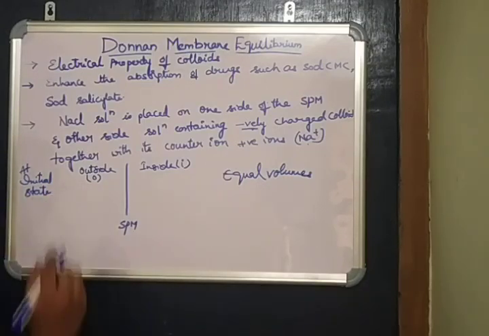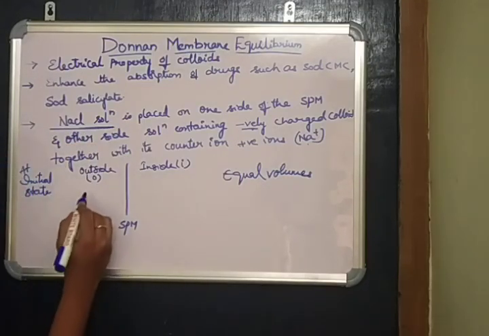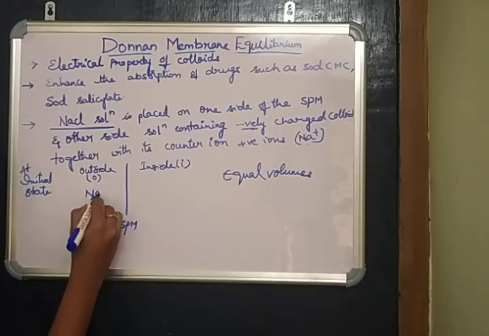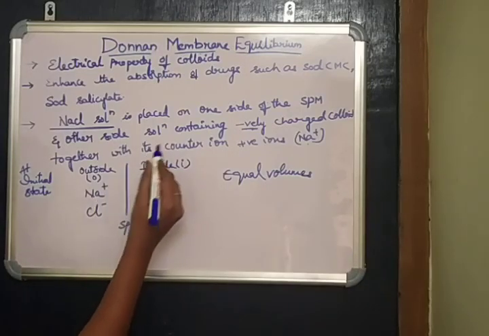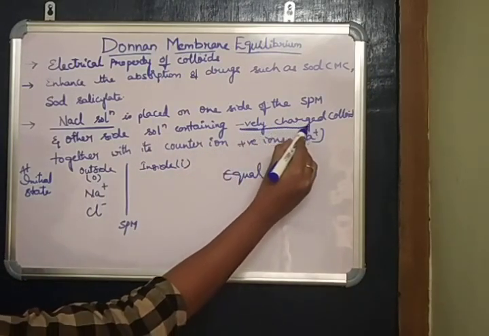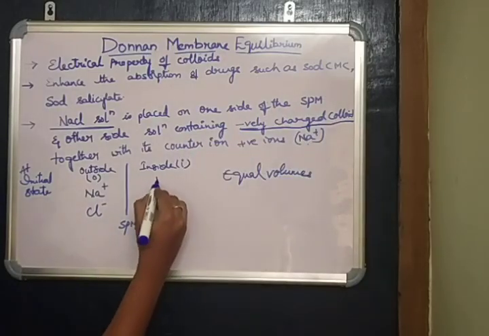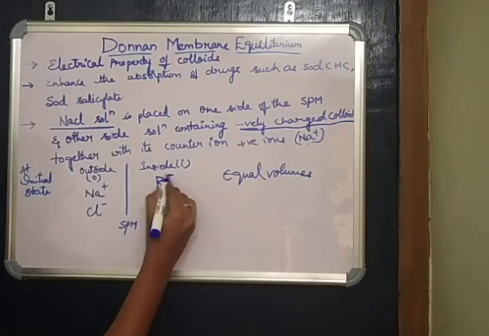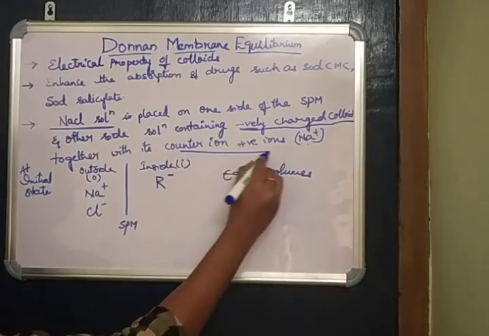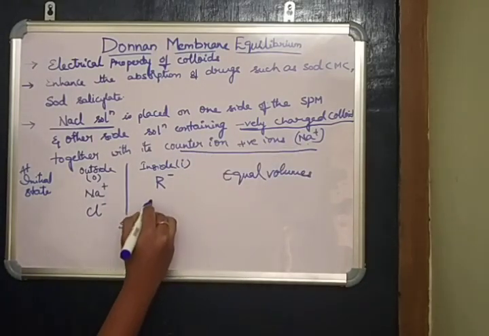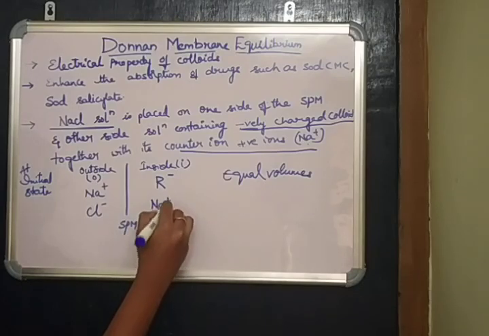Outside of the solution, we are taking NaCl solution, that means outside there are Na plus ions and Cl minus ions. Whereas inside of the solution, we are taking a negatively charged colloid, represented by symbol R minus, along with its counter ions, that is positive Na plus ions.